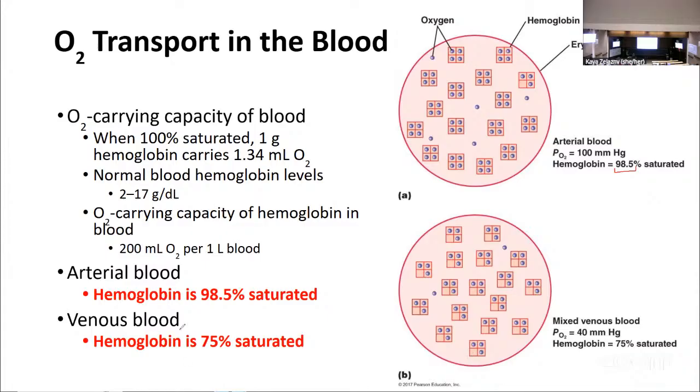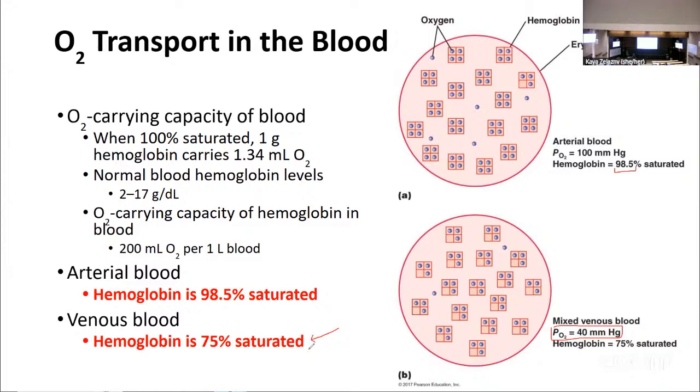When we return in the venous blood, with this partial pressure of 40, as we're coming back to the heart, and even as we go through the right side of the heart and out to the lungs, we're going to notice that we have a lower saturation of hemoglobin. But it's not actually as low as you might expect.